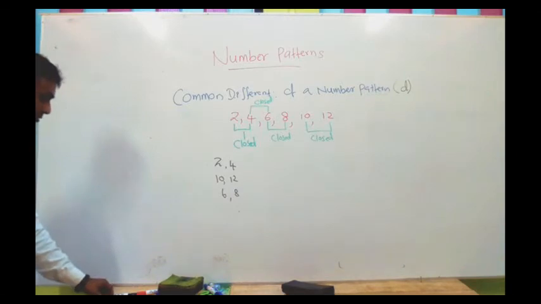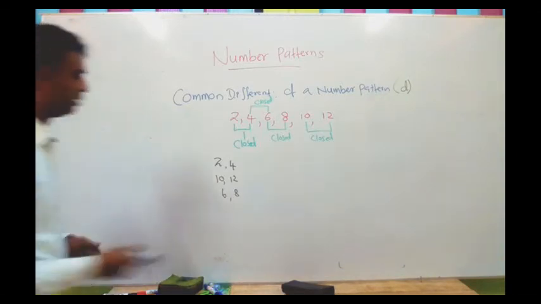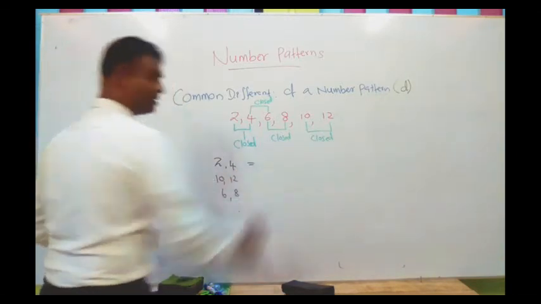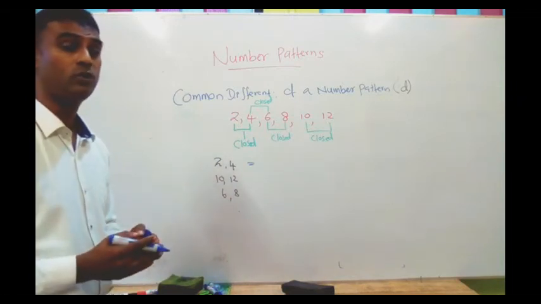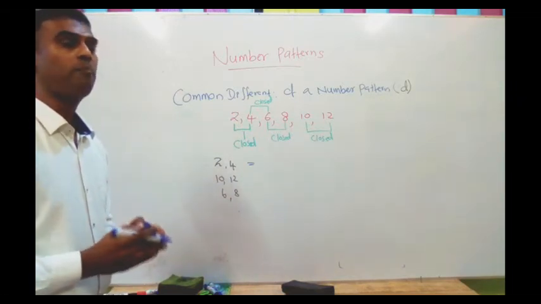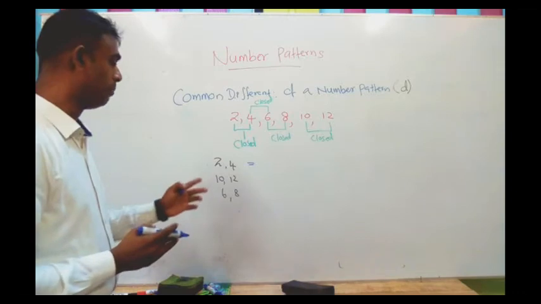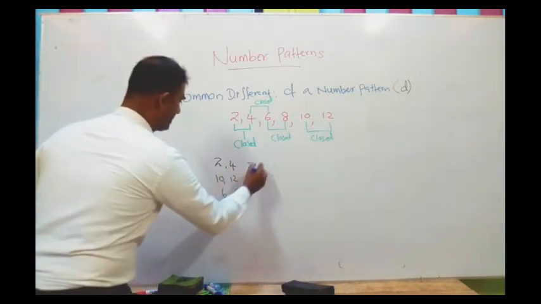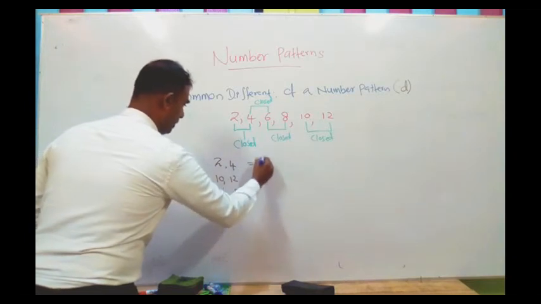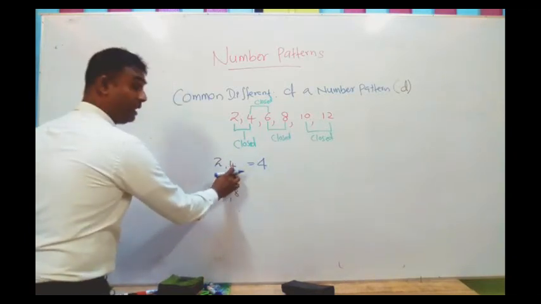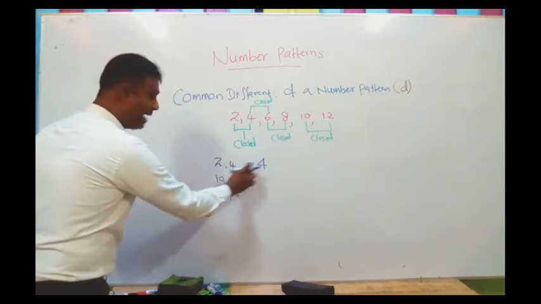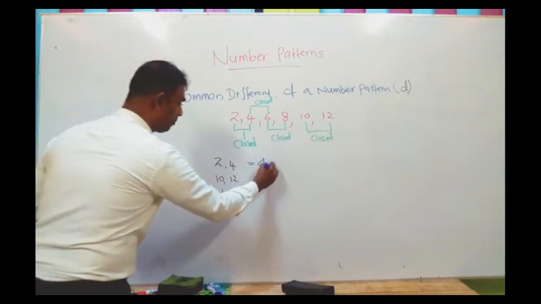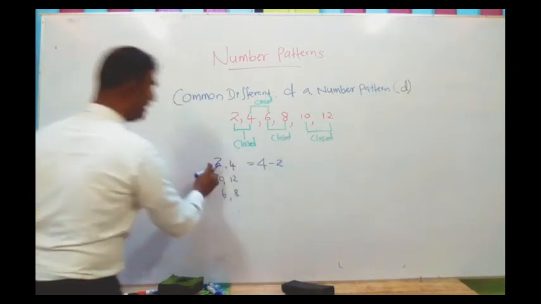How do we find the common difference? To find the common difference, we subtract the two numbers. The right side term should be subtracted from the left side term.